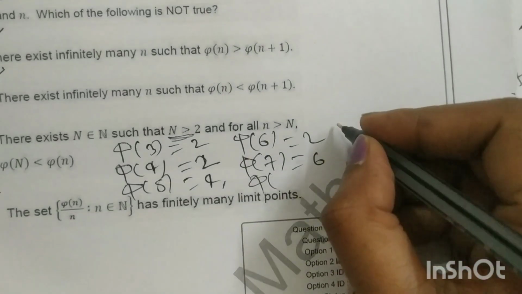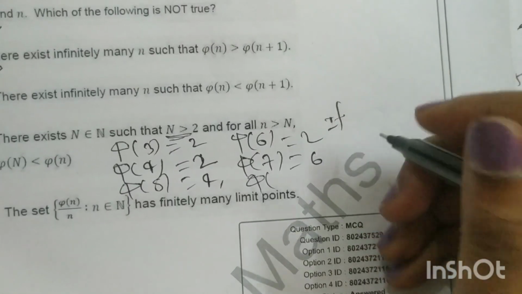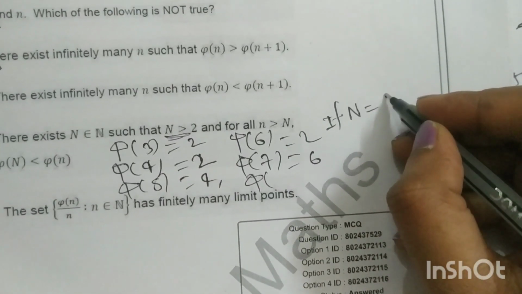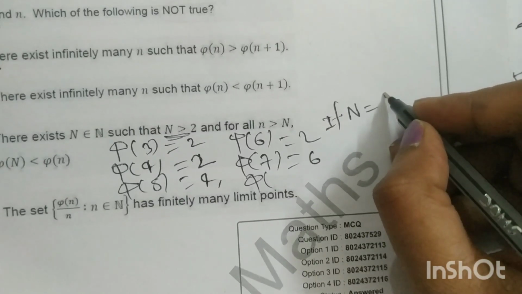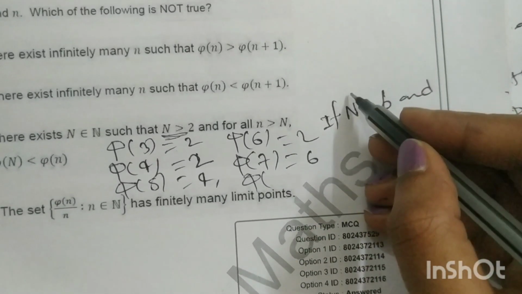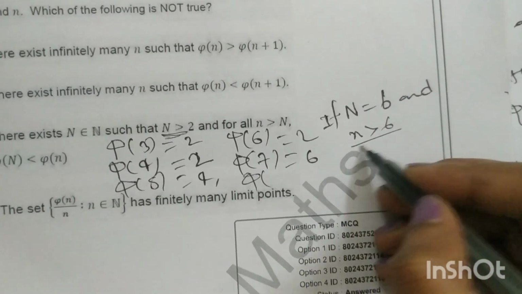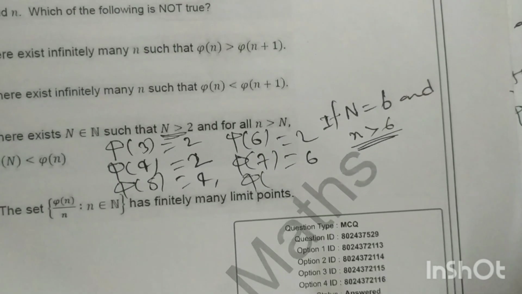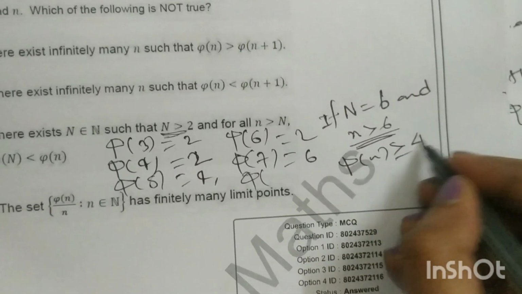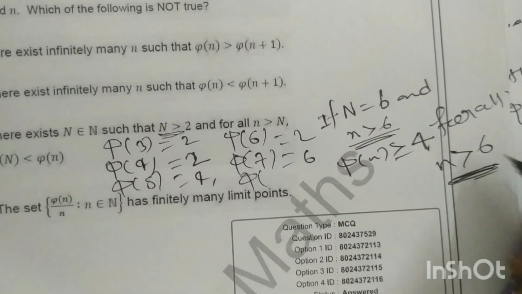See, in general it is true: if we take capital N equal to 6, and your n is greater than small n, take n greater than 6, 7, 8, 9, 10, whatever you choose, what you will always get is phi of n greater than or equal to 4. For all n greater than 6, check whether it is true or not.